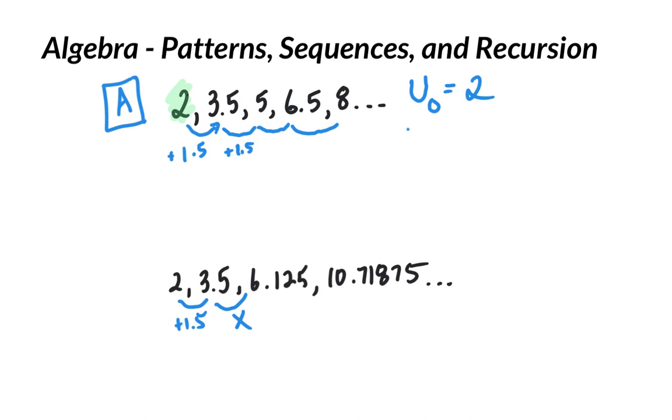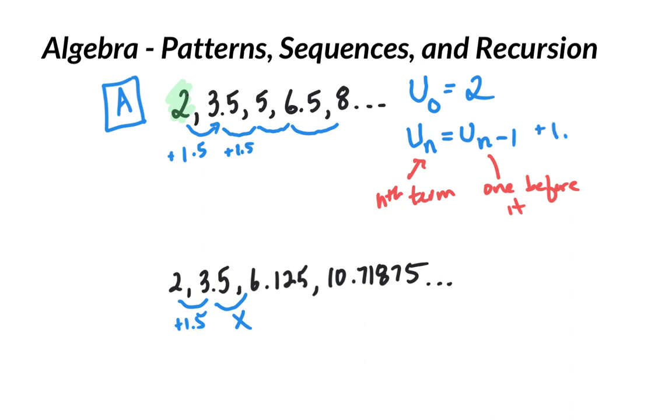Then we say, to get to a term, we have to use the one in front of it. And again, I just want to highlight, this means the nth term, and this is the one before it. So to get from one term to the next, we just have to say, well, what am I doing every time? I'm just adding 1.5.